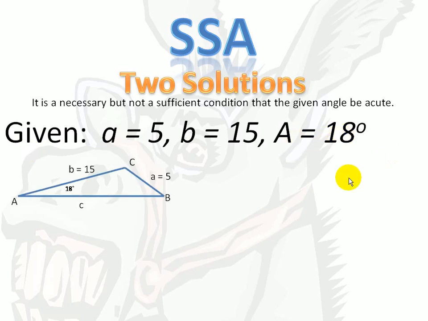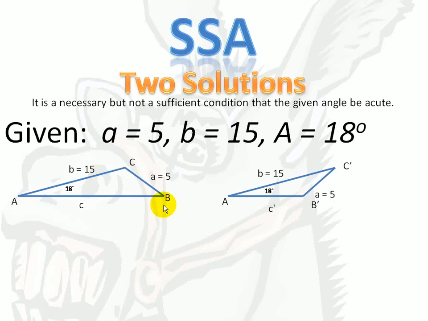Now, here's one possible triangle. Notice that the A of 5 goes out here. Notice I wasn't told how long side C was. So I just took the A and extended it out here. Now here's another scenario.